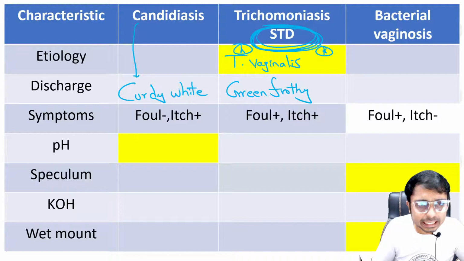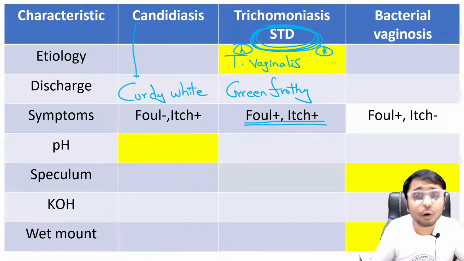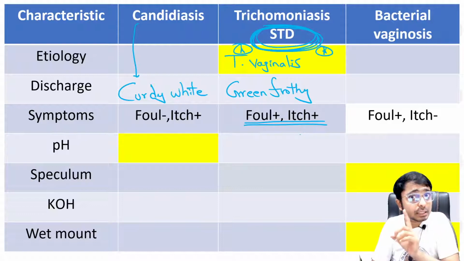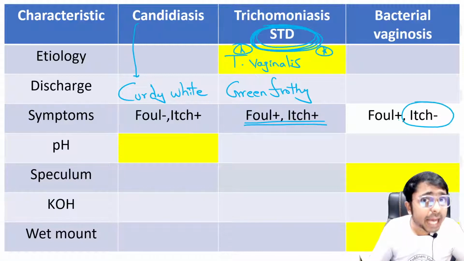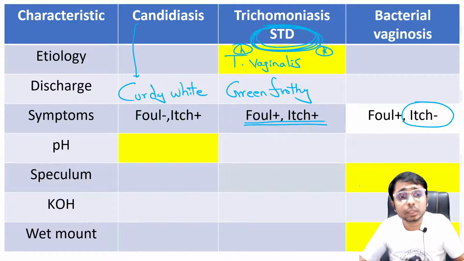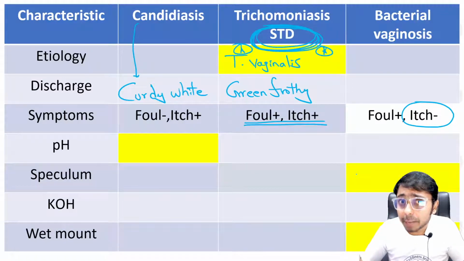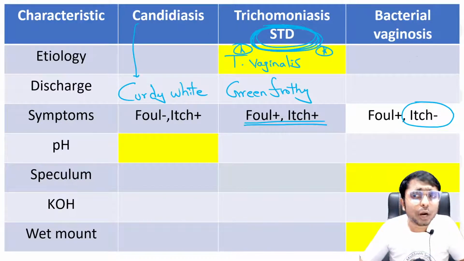Okay. And in the symptoms, please remember trichomonas is going to have both foul smelling as well as itching as the symptom. Very important. Whereas if you look at bacterial vaginosis, very classically itching will be absent in these patients. And you know the reason why? Because in bacterial vaginosis, actually this is not an infection.